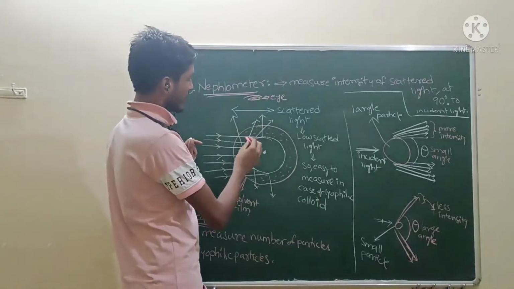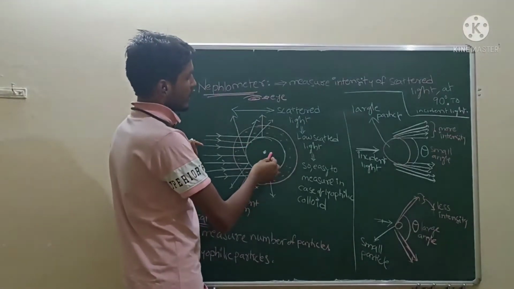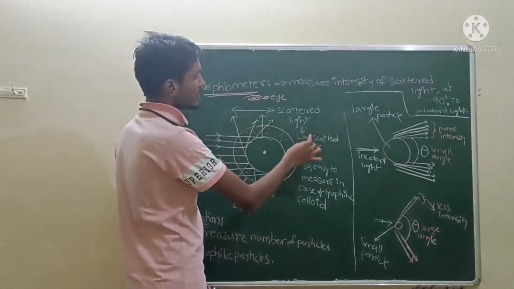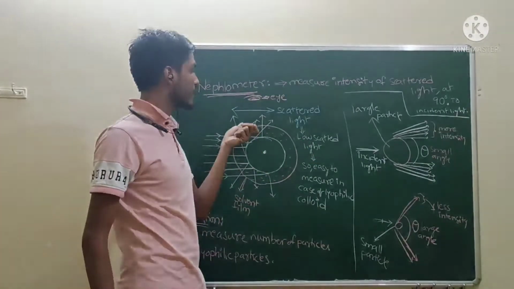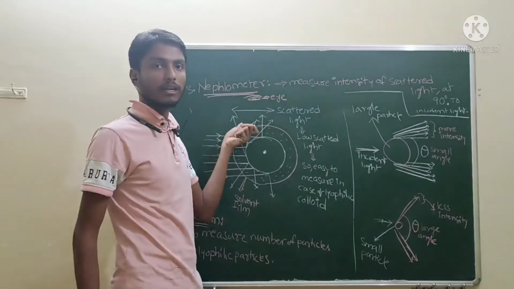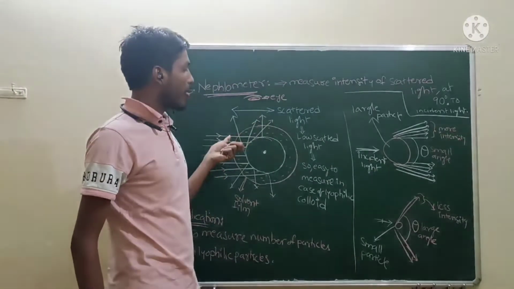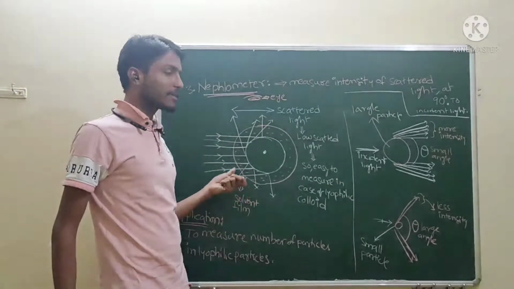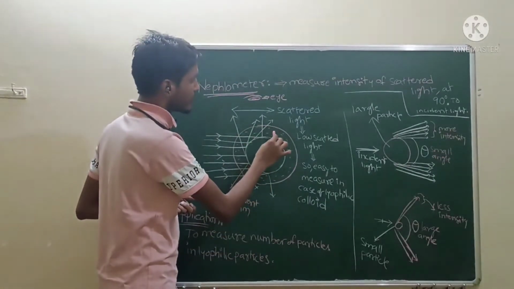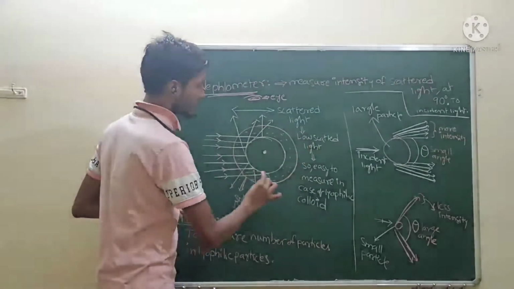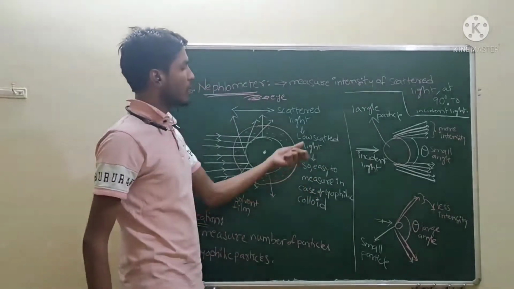These are the incident light, and the scattered light is low, meaning less amount of light is scattered in the case of lyophilic particles, and more amount of transmitted light is there. Due to the presence of the solvent film, more light is transmitted through it.